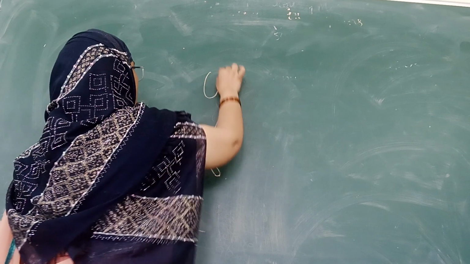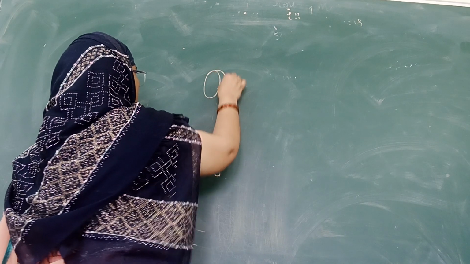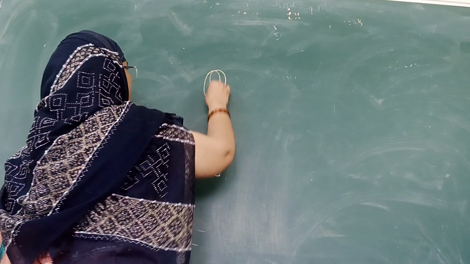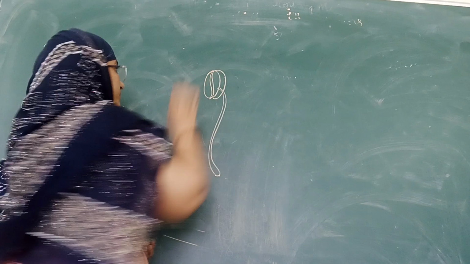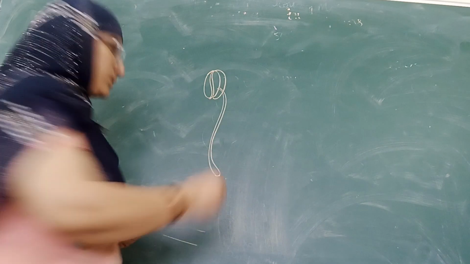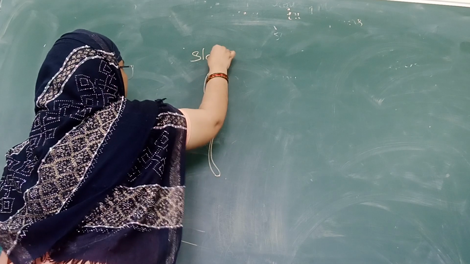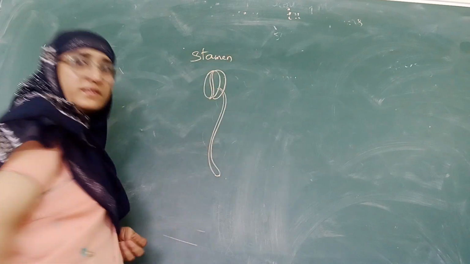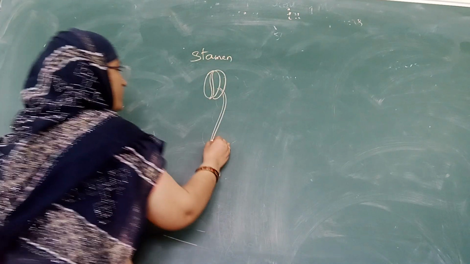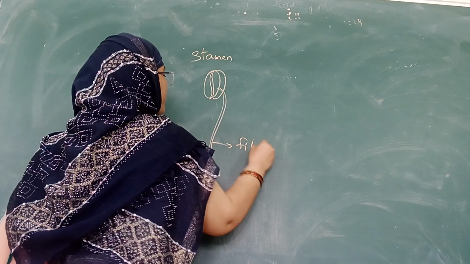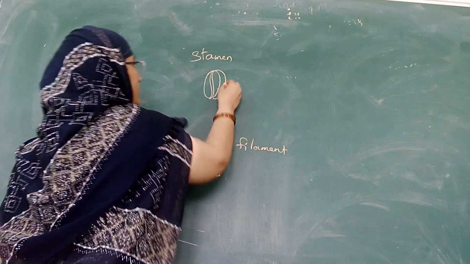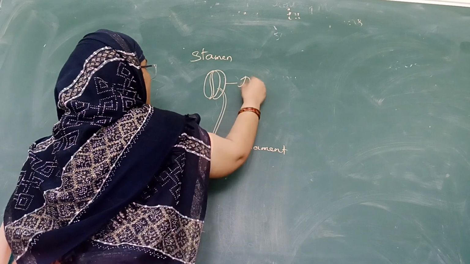Here on this stamen you can observe a bilobed structure. On this stamen you have the filament, and this is a bilobed anther.